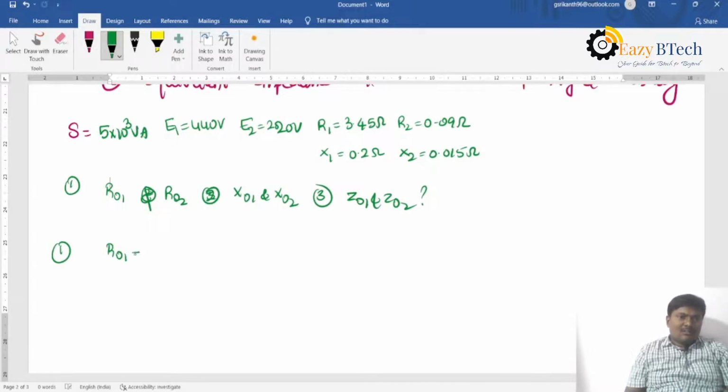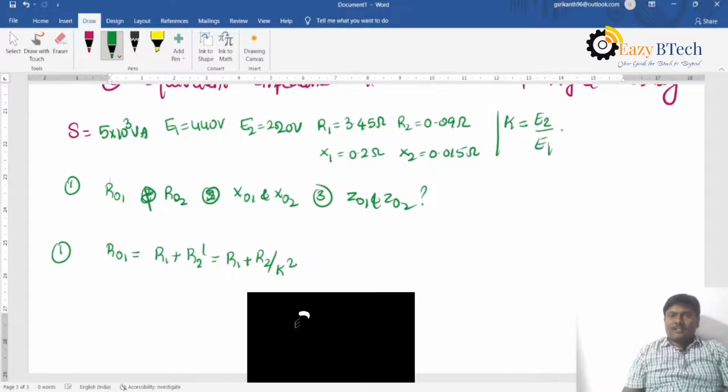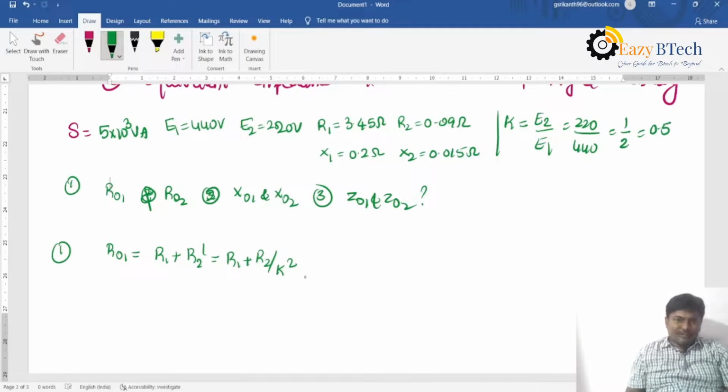R01 is equal to R1 plus R2 dash, R1 plus R2 by K square, where K is the transformation ratio, E2 by E1, 220 by 440, that should be equal to 1 by 2, which is 0.5.